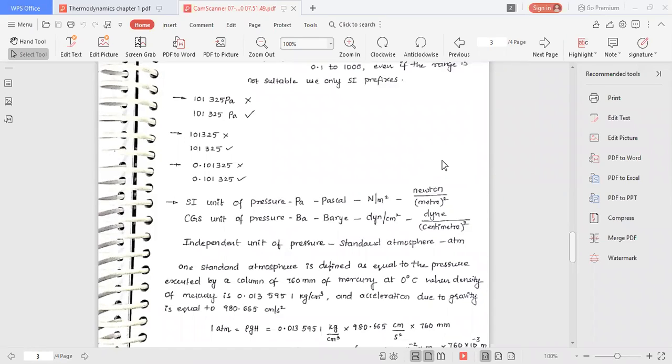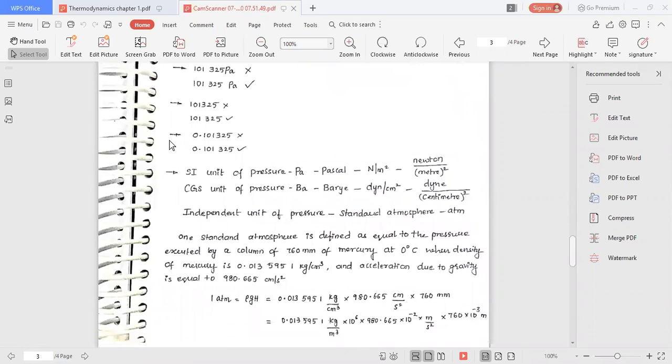Bar, ma'am. Okay, what is the SI unit of pressure? Pascal. What is Pascal? Pascal means? Newton by meter square. Right, correct. Good.